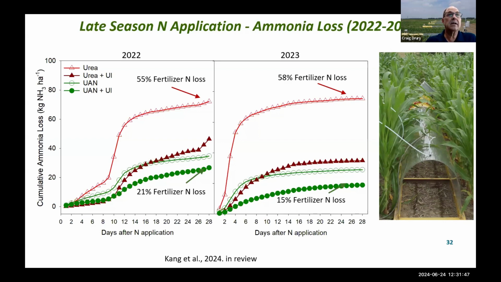In those cases, we've measured ammonium loss with urea application of 55 to 58% over the last 2 years, whereas we're able to decrease it to 15 to 21% by using UAN application. Again, it's just on the surface because you can't inject easily when you have 3 to 4 foot tall corn. But by putting it on as UAN and adding a urease inhibitor, we were able to decrease losses. But the nitrogen still wasn't as effective as side dress application.